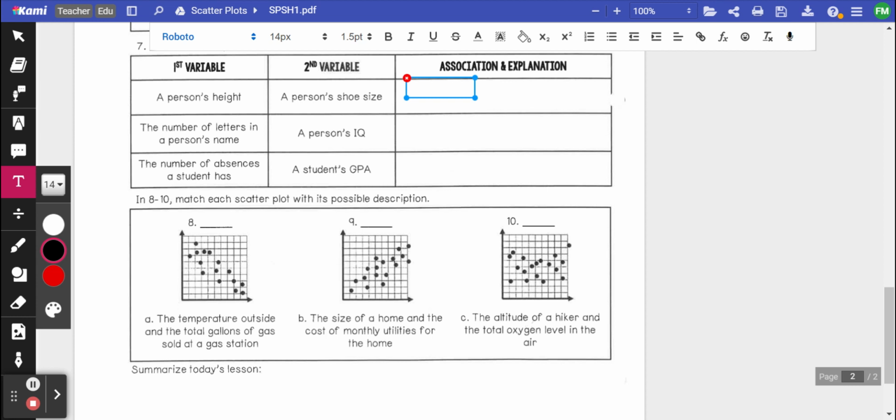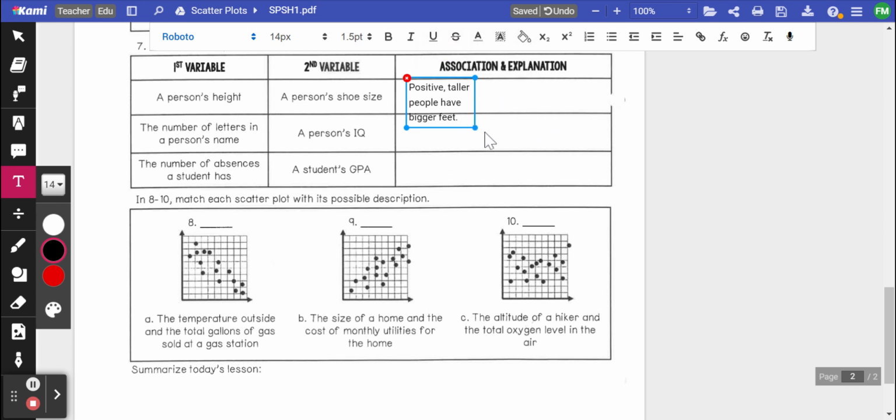This is going to be a positive association. Why? Taller people have bigger feet. So, just a simple explanation there. The taller you get, the bigger feet you typically have.